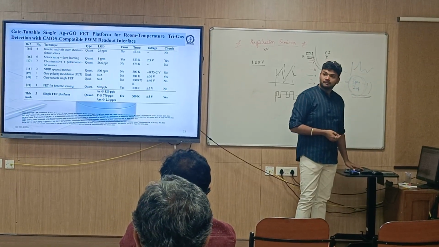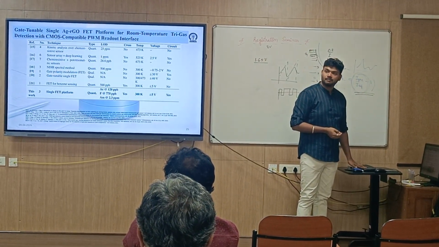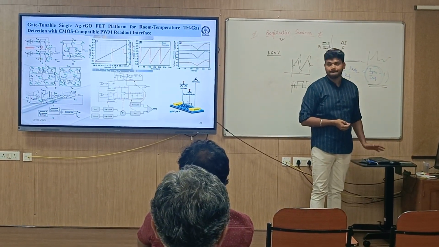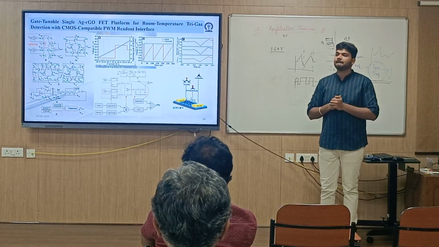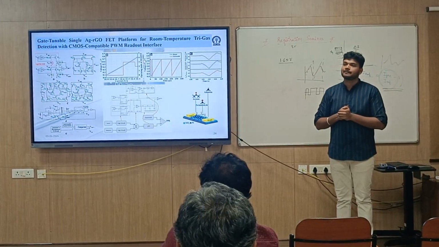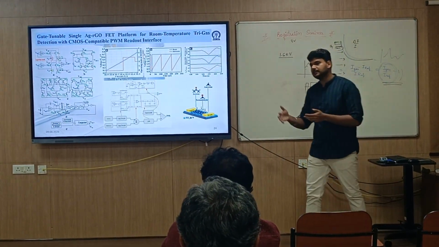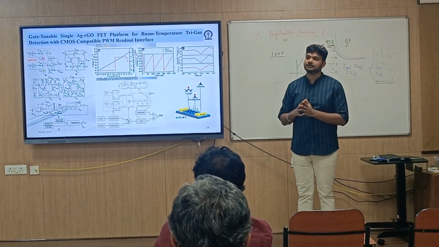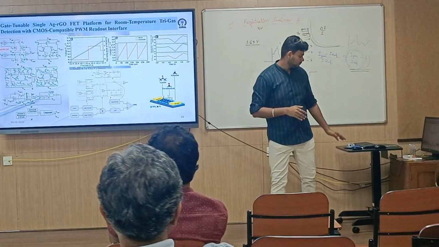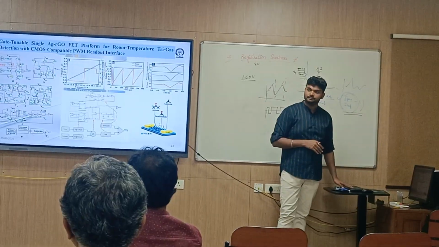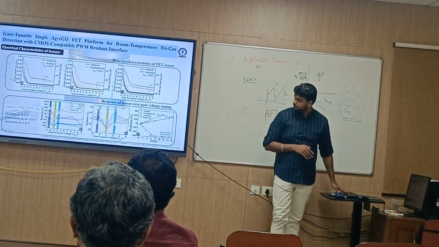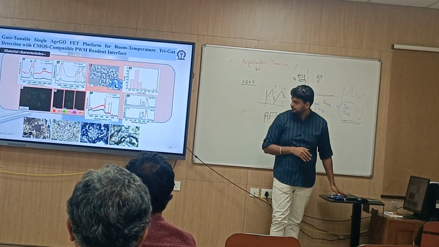Then what will the monitoring be when you have multiple gases? Yes, sir, there will be a dip or a peak. But how do you know this is for gas 1, this is for gas 2, or gas 3? That's the ML part. Our idea is that the gate voltage will vary, and for one gate voltage, for a particular gas, the sensitivity will be very high. That was the physics.